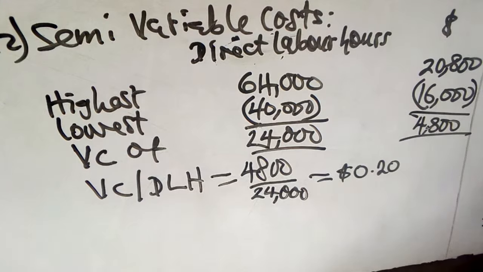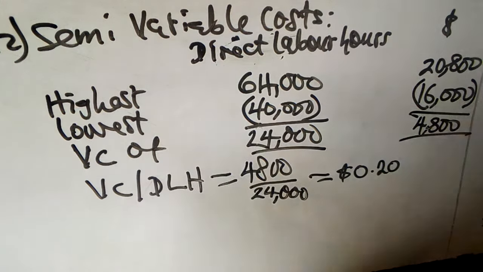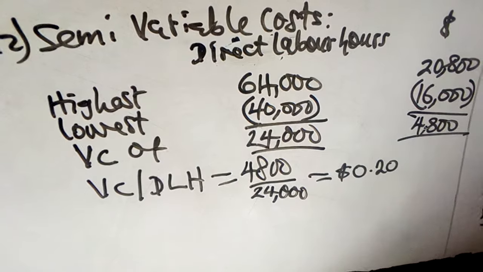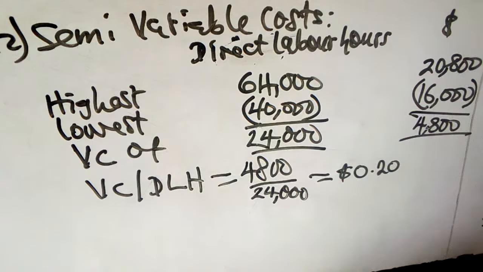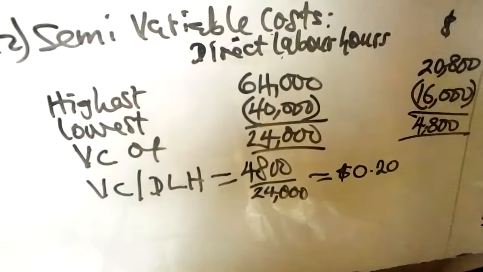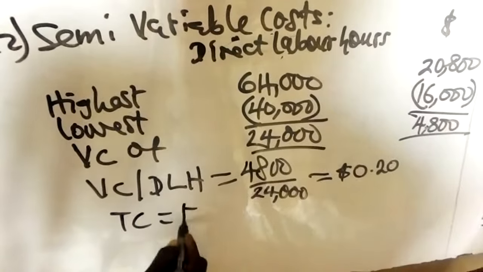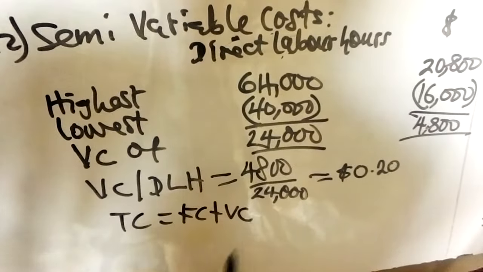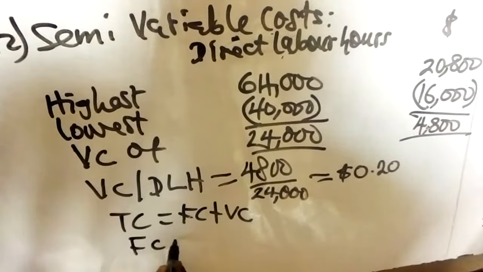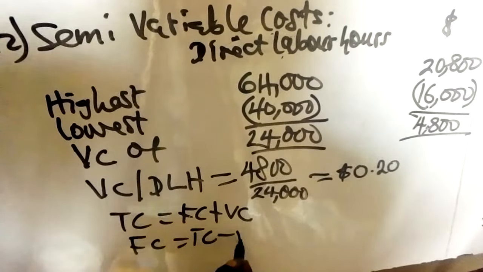Remember that the total cost is the sum of the variable cost and the fixed cost. So now you should remove the variable cost from the total cost to get the fixed cost, since total cost equals fixed cost plus variable cost. You know your variable cost, and you want to determine the fixed cost, meaning that fixed cost will be total cost minus variable cost.